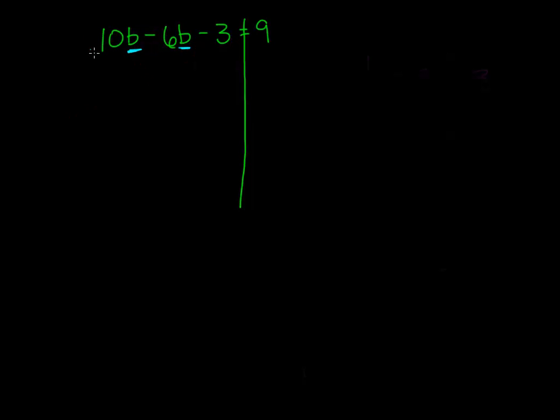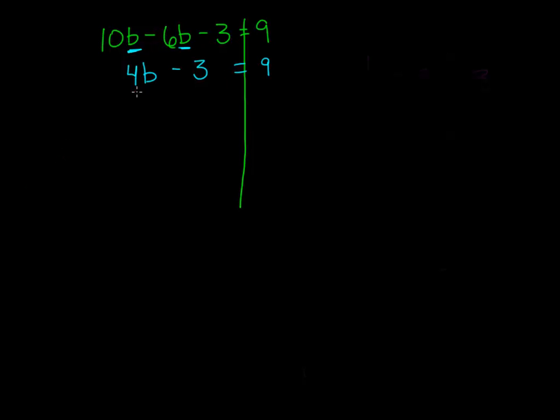So if they both are being multiplied by our b, which means we have them attached, what we can do with our actual numbers is we can do the arithmetic between the two. 10 minus 6. 10 minus 6 is 4. Now, we're going to keep our b minus our 3, rewrite, equals 9.